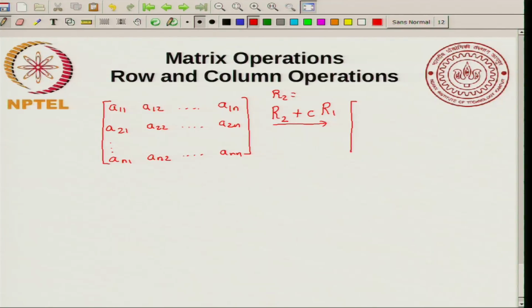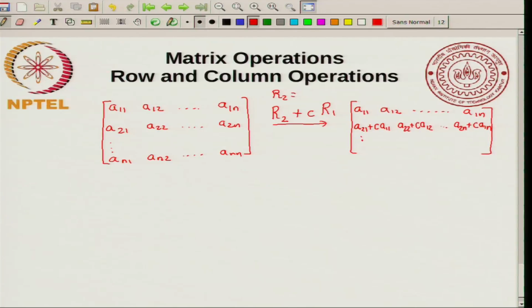So you will get a new matrix. The first row is unchanged. To the second row you add C times the first row, element by element. This element becomes A21 plus C A11, similarly this element becomes A22 plus C A12, and the last element becomes A2n plus C A1n.